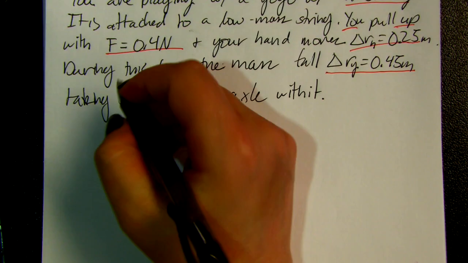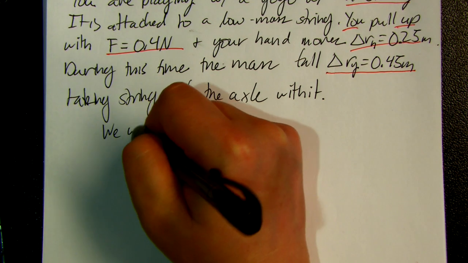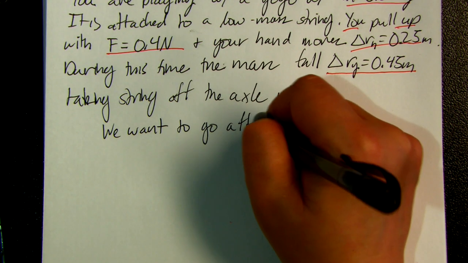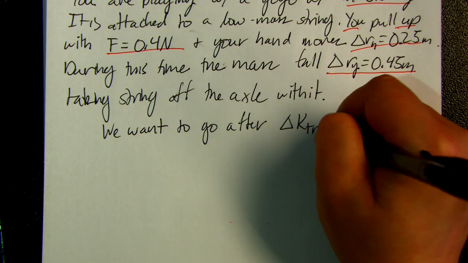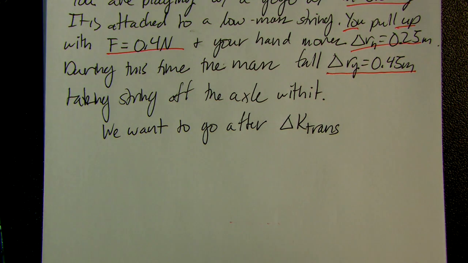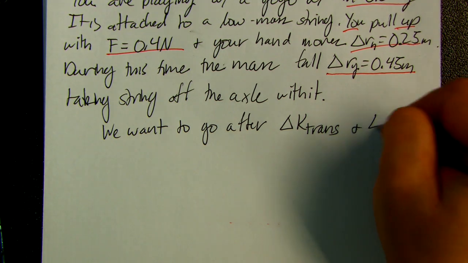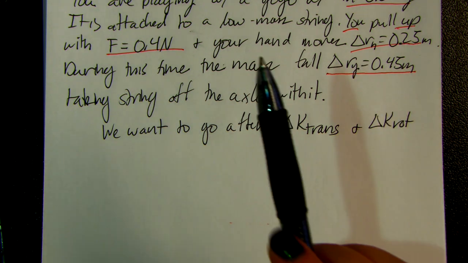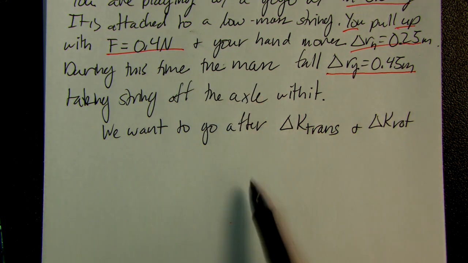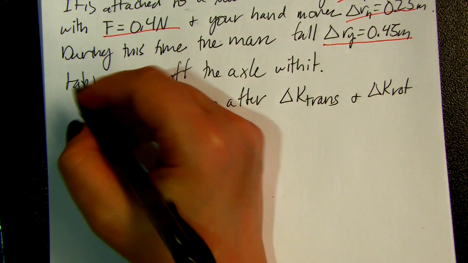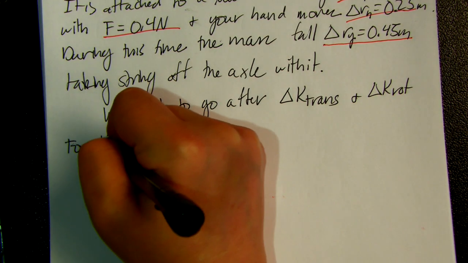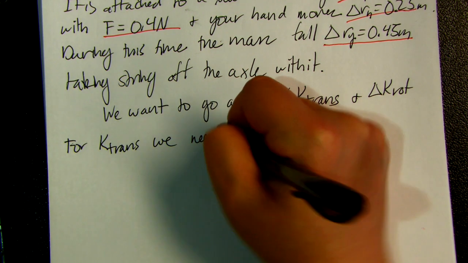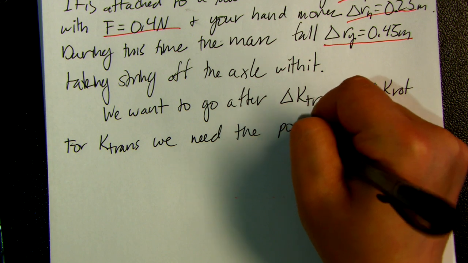Okay, so we want to go after the change of translational kinetic energy and the change of rotational kinetic energy. So we know yo-yos translate when they go up and down, and they rotate. Okay, so for K translational, we need the point particle model.